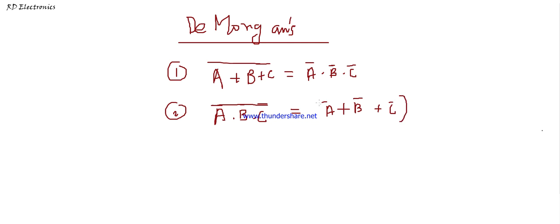This is known as De Morgan's 2. So using this theorem we can convert different types of logic from one operation to another operation.